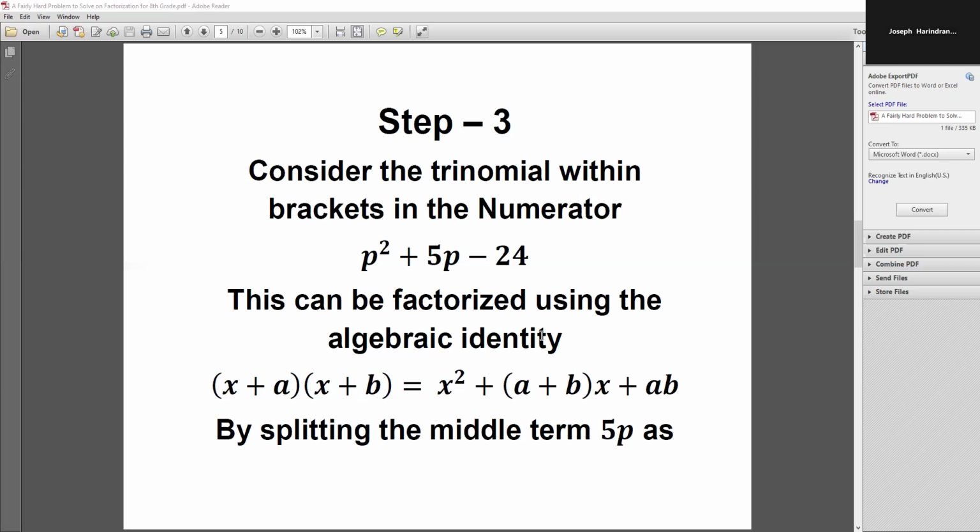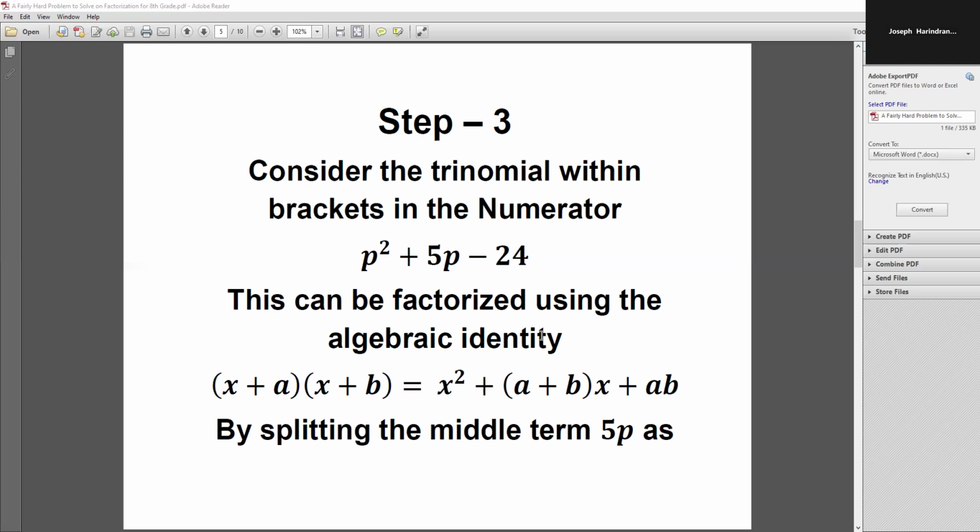This can be factorized using the algebraic identity x plus a into x plus b is equal to x squared plus a plus b of x plus ab. This is the distributive property of multiplication over addition. We obtain this expression by the distributive property.